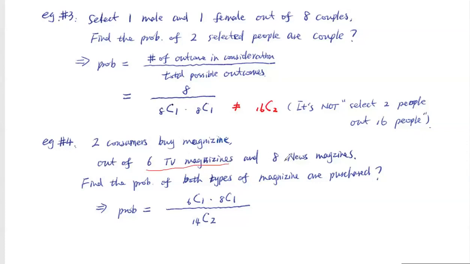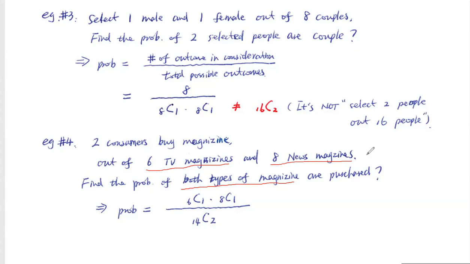We have a total of 6 TV magazines, 8 news magazines, and 2 consumers try to buy those magazines, right? So I mean, 1 consumer buys 1, right? Now, find the probability that both types of magazine are purchased, right? So that means like 1 consumer buys each. You can understand it that way.